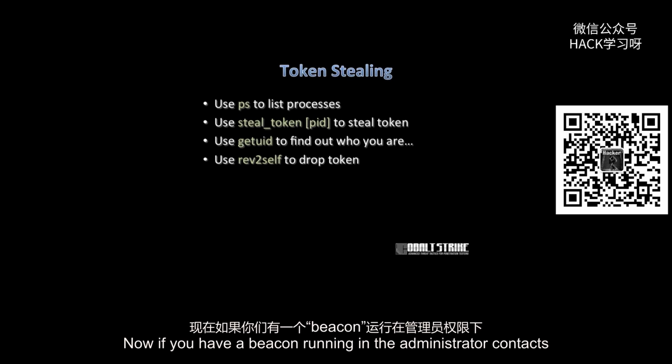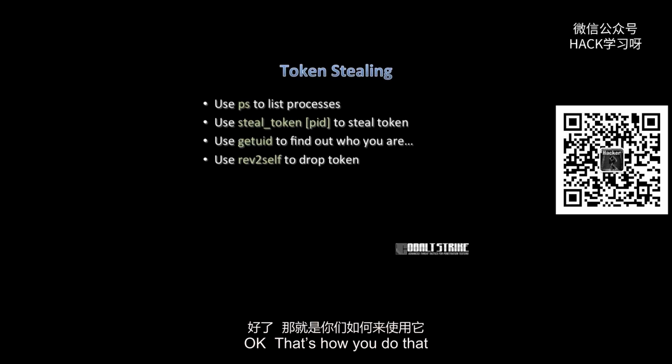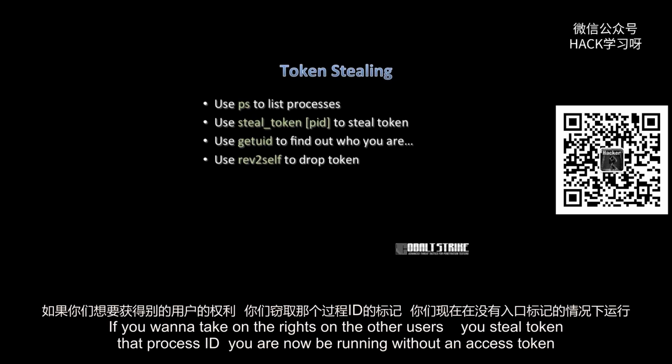Now, if you have a beacon running in an administrator context, you can take advantage of token stealing to impersonate the rights of another process that's running on a system, okay? Here's how you do that. Use ps to list processes. And if you want to take on the rights of another user, use steal_token and that process ID.